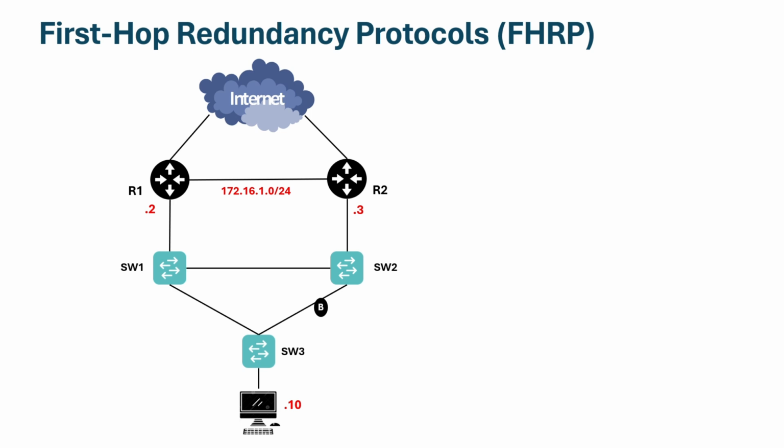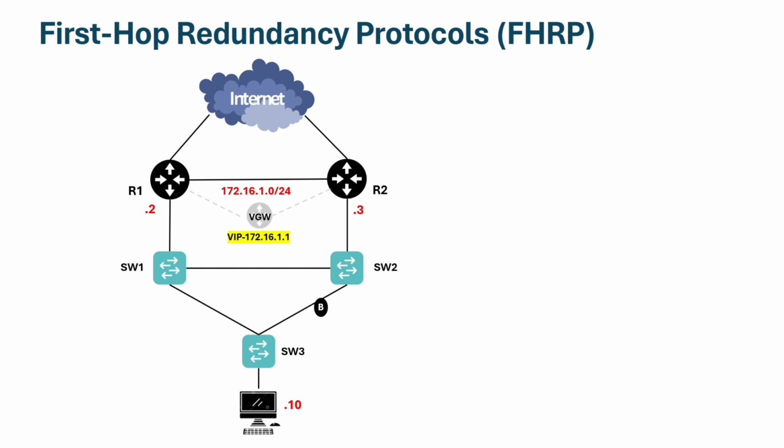FHRP, also known as First Hop Redundancy Protocol, creates a virtual IP address or a virtual gateway that is shared between two layer 3 devices, ensuring the hosts always have an available gateway. To understand how it works, the virtual IP address is configured on both the participating devices, in our case R1 and R2.